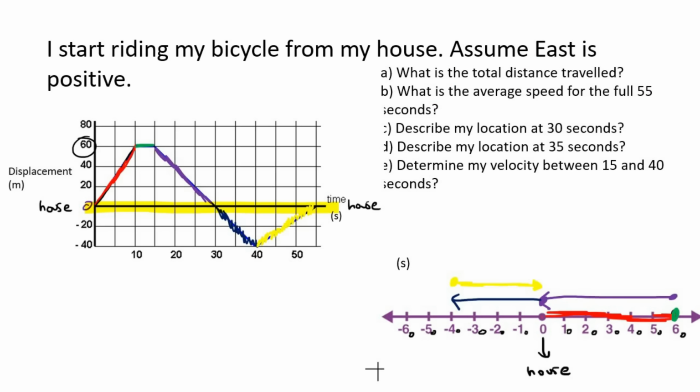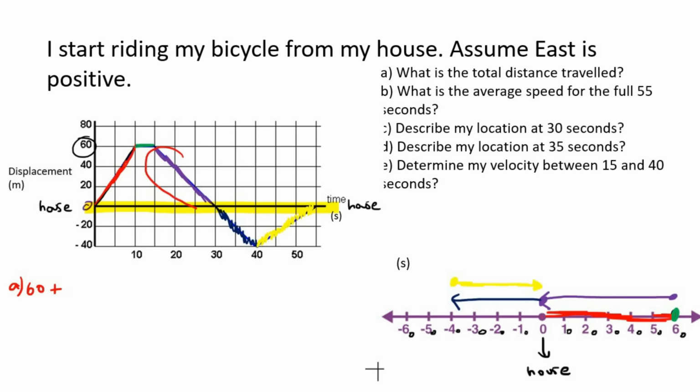So here are the questions that we're going to do. It says, what is the total distance traveled? Okay, well, that's easy. We've done that in previous lessons. So we know that this first red part was 60 meters. That was this part over here. So for question A, we can just say 60 plus. Then for this green part, there's no distance over there. We did not move over there.